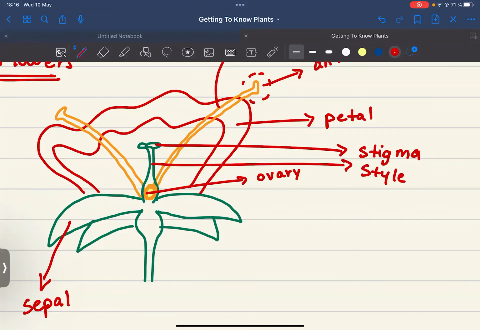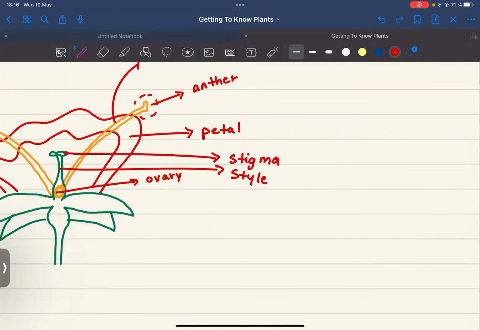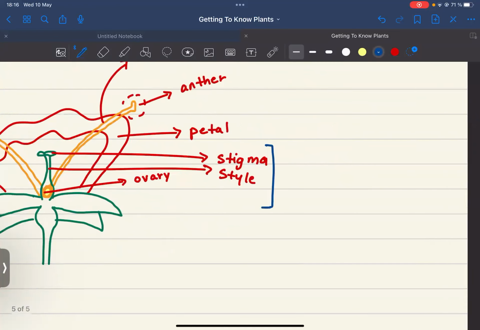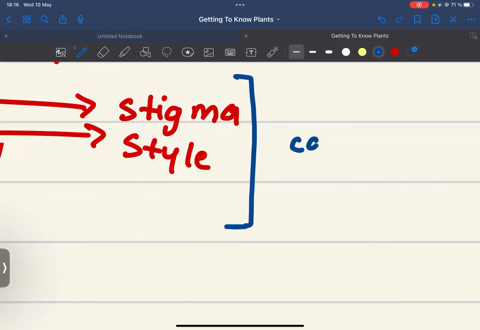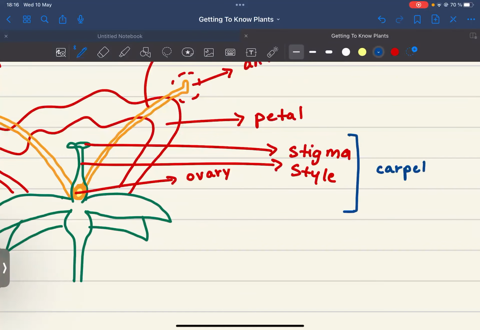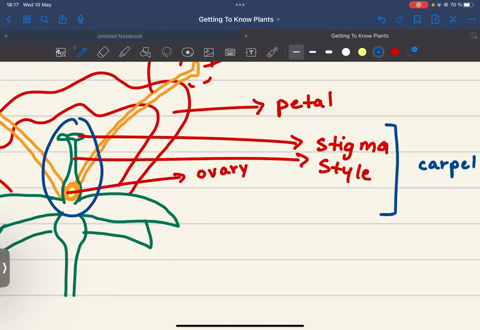The stigma, style, and the ovary are three very important parts of the flower without which reproduction is impossible. So the three together are known as the carpel. Basically, this whole portion is called the carpel.